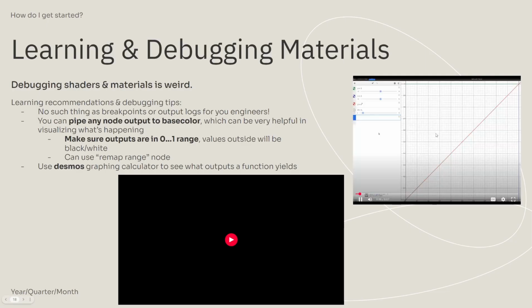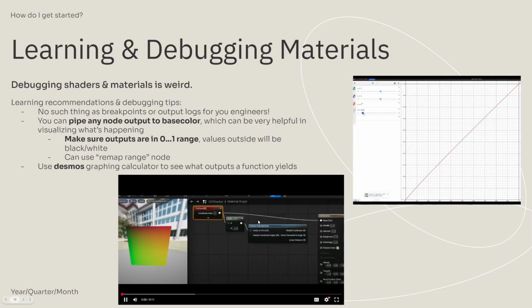One thing that I do is output a value that I'm suspicious is misbehaving, or that I don't quite understand, to the base color output. For example here, I'm just outputting the texture coordinate to base color. Texture coordinate goes from 0,0 to 1,1, and so that's why it looks like that.